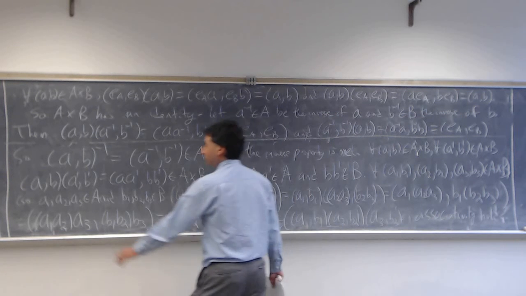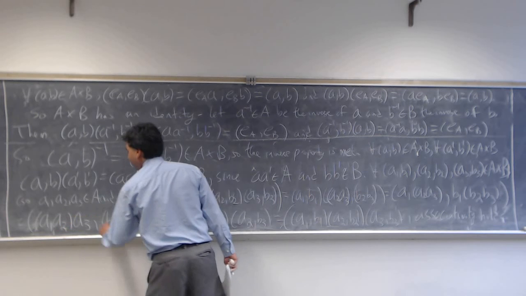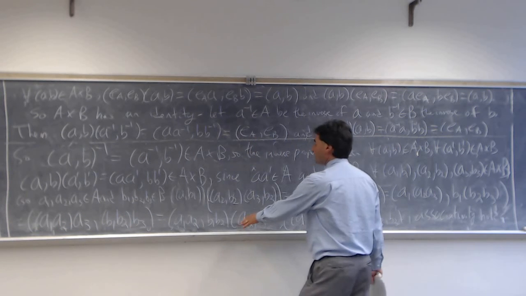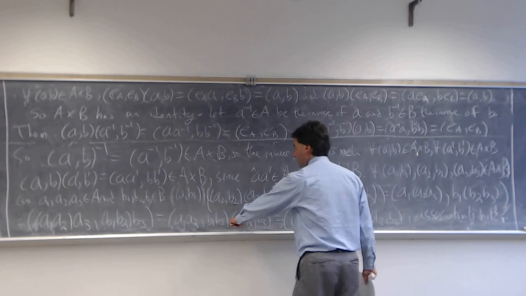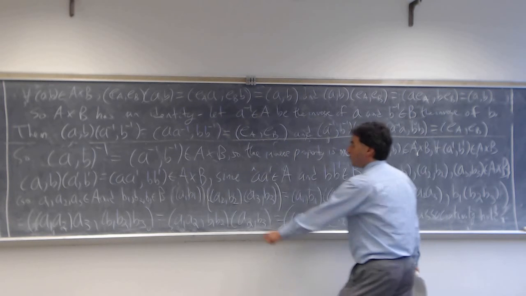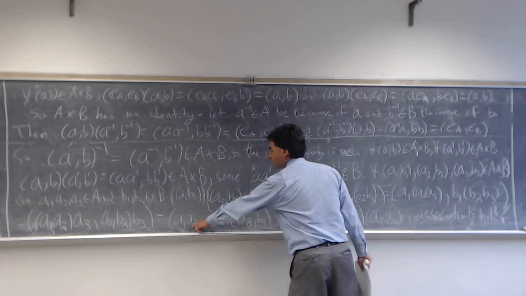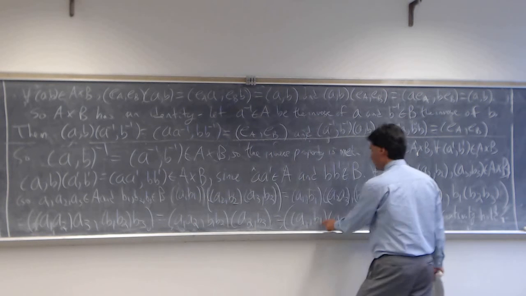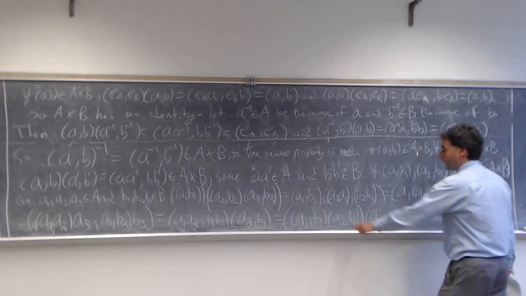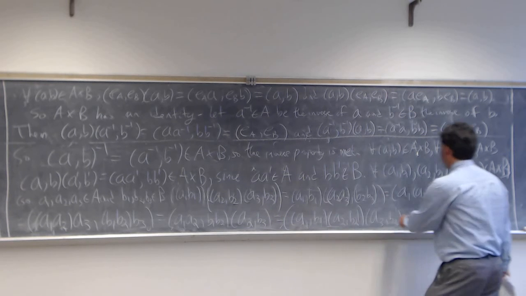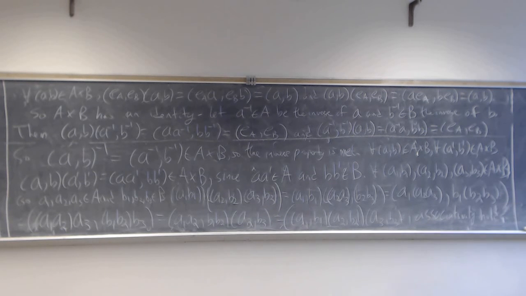But then I look at this as an element of A times another element of A, an element of B times another element of B. The definition of multiplication in A cross B would give me this. But again, focusing just on this element, the definition of multiplication in A cross B would mean this element is equal to this product. So I have this product within a parentheses with this element here. And that's exactly the associativity.